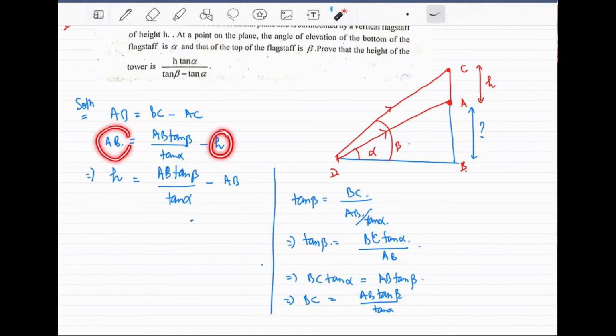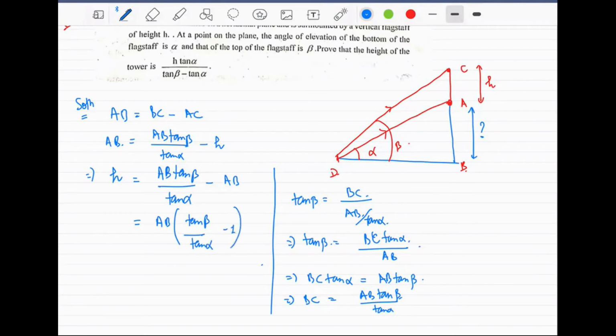H and AB, they just exchange places. Minus becomes plus, the plus becomes minus. All right, so in these two right here, AB can be taken as common factor. What is remaining? Tan beta by tan alpha on one, and there is a 1 here.